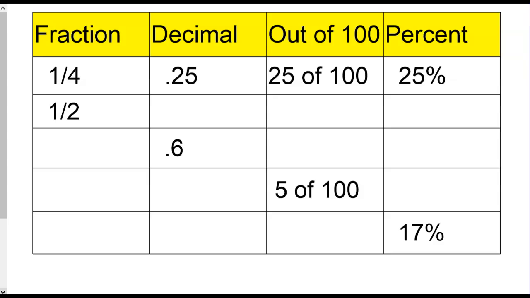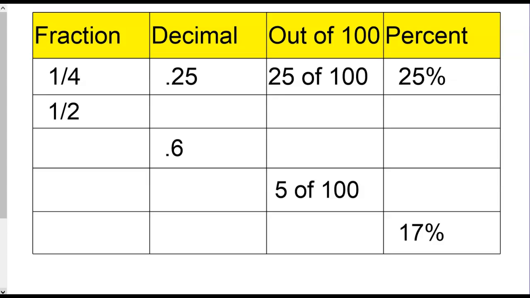So the way that we got that is we can look at this and say, okay, if we're going from fraction to decimal, I know that 1/4, 1 over 4, or 1 divided by 4, remember, a fraction is just a division problem, means that I can rewrite that as 1 divided by 4.